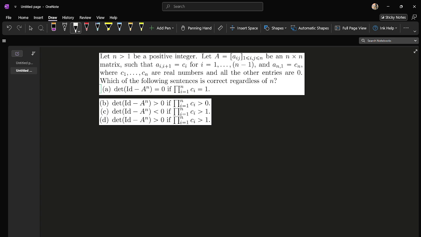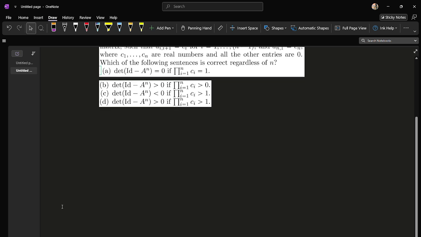So what can be done in this question? We have to know about the structure of A. The matrix A is a cyclic matrix that shifts each row of the identity matrix and multiplies the elements by the constants c1, c2, ..., cn.